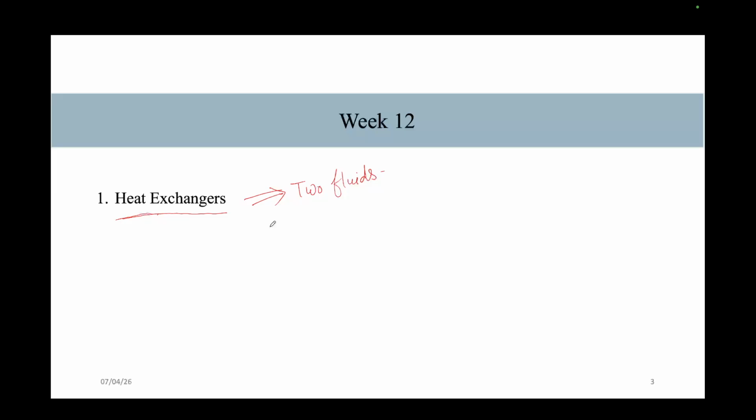Coming to the application, as I have told, in your household life, many of you have an AC, and in the winter we use a heater. In both, heat exchanger devices are used. How? In the heater there is a heating element, right?